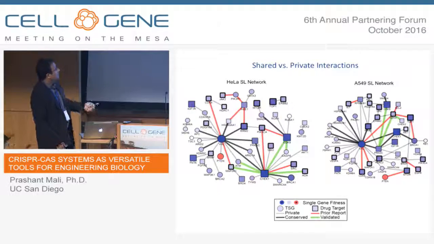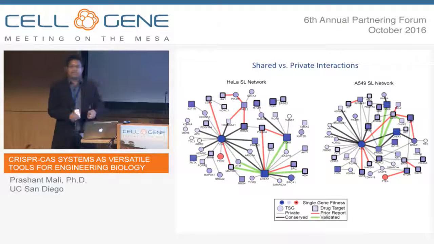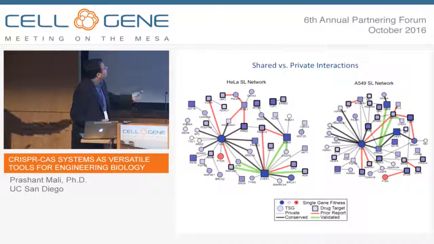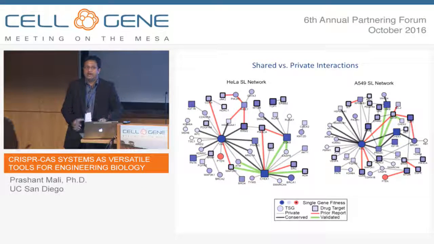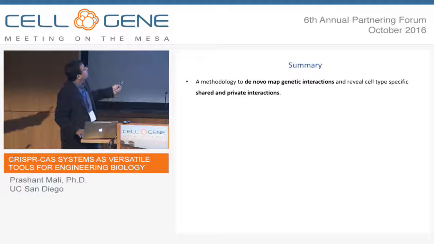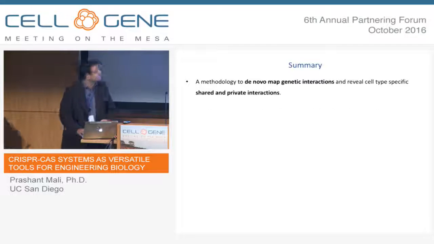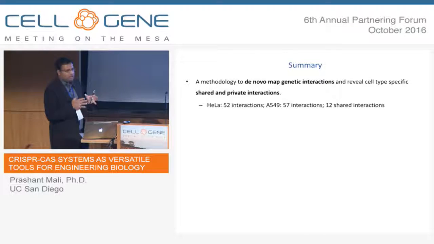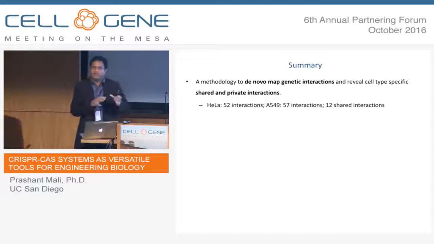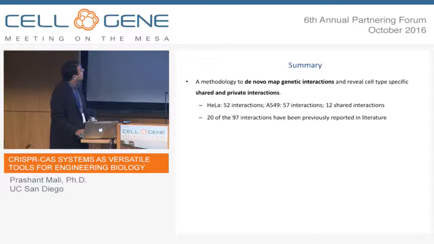Here, what I have shown in green are the interactions that we experimentally validated, and the interactions in red are the ones that were already discovered in the literature. So in summary, what you have is a methodology to de novo map genetic interactions and reveal cell type specific, shared and private interactions. In HeLa, we found 52 significant interactions, and in A549, we found 57, of which 12 were shared interactions between both the cell lines.